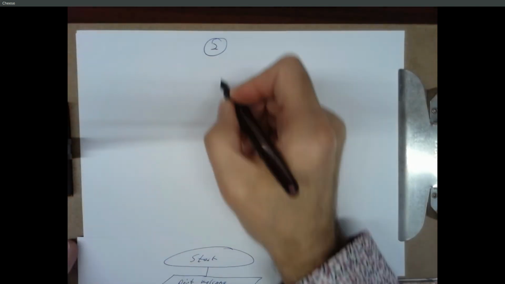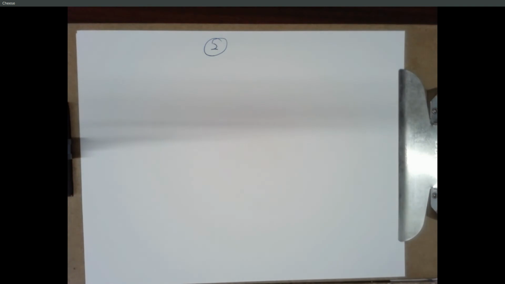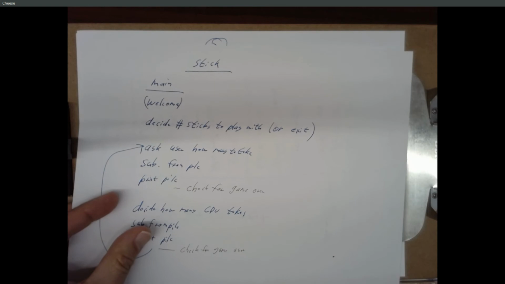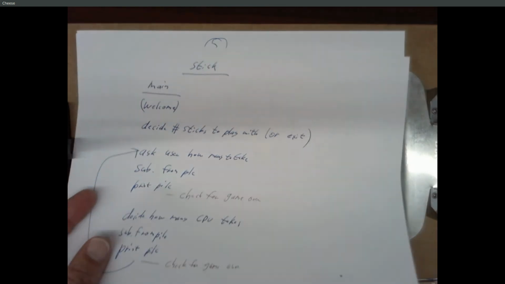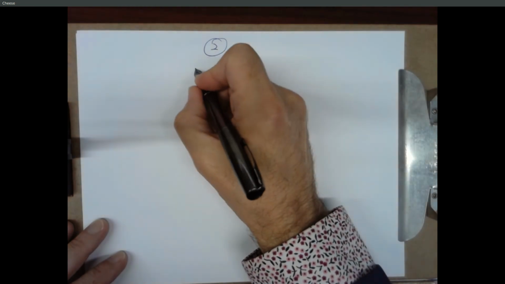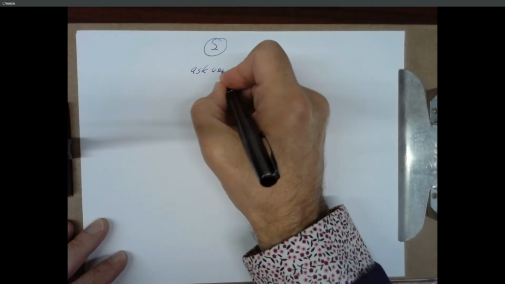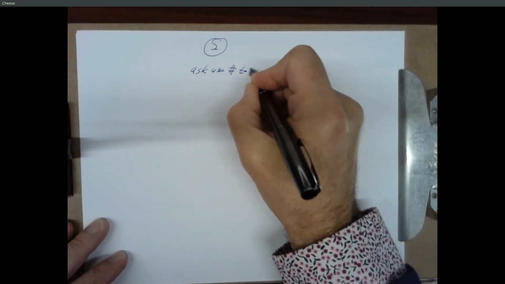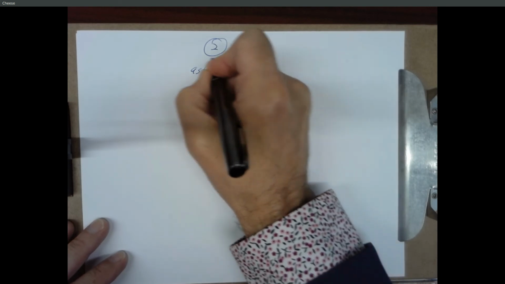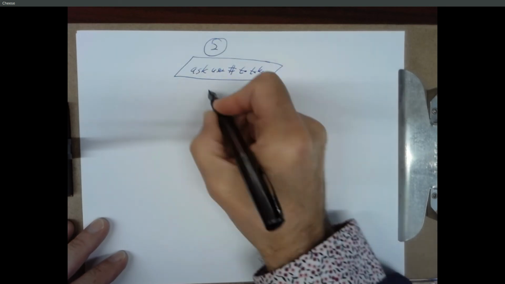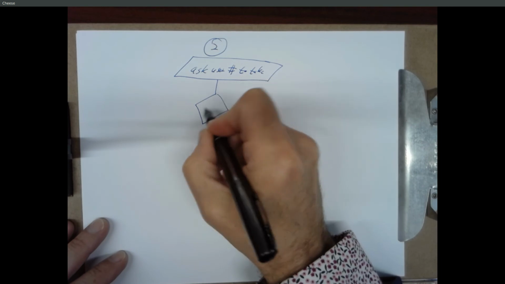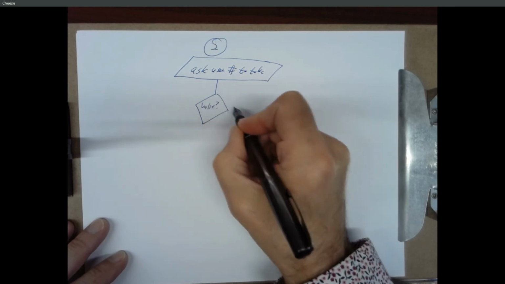So now numsticks is our number of sticks we're playing with. Now we're going to loop. So ask the user how many. And is it a valid entry?